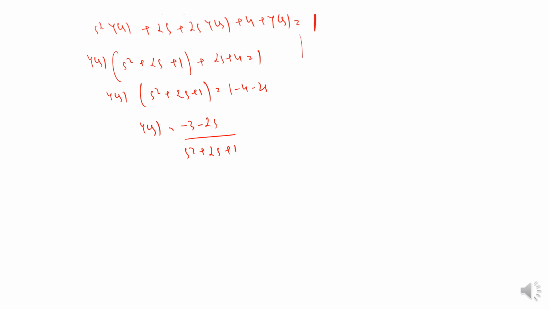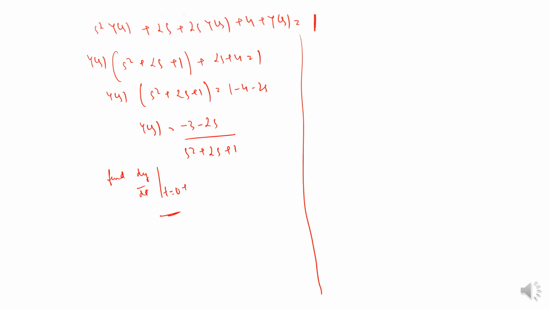Now our intention in this question is to find the value of dy by dt at t is equal to 0 plus. How do we find this?